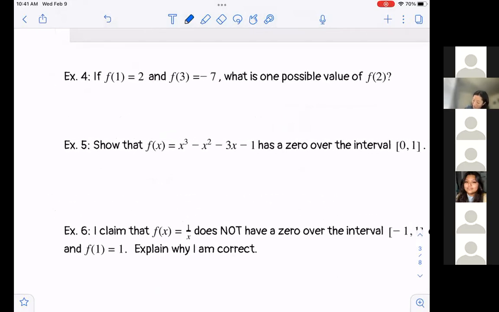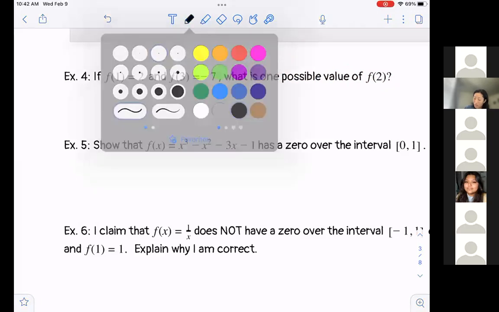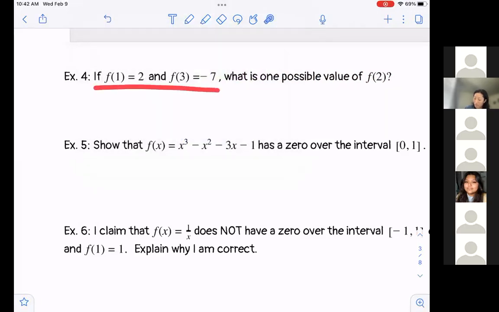All right, let's take a look at example 4. If f of 1 equals 2 and f of 3 equals -7, stop right there, okay? If f of 1 equals 2 and f of 3 equals -7, can we draw a picture of just that first part of the information?